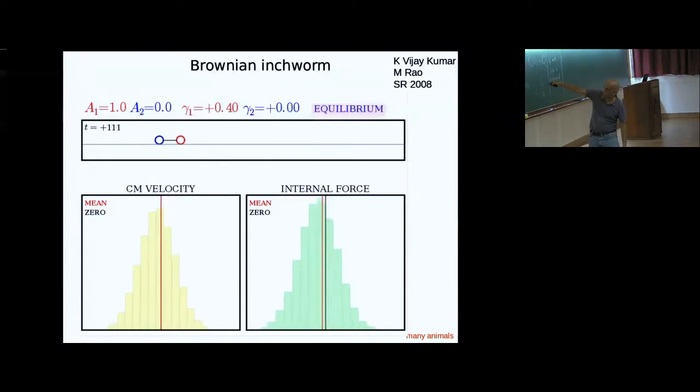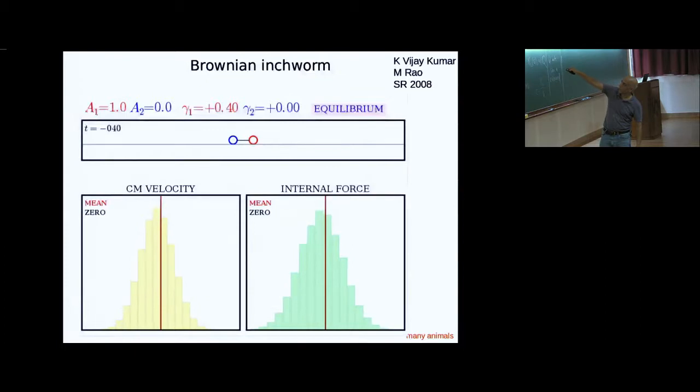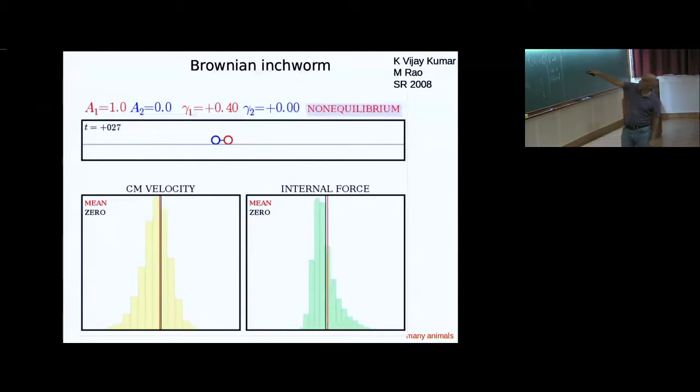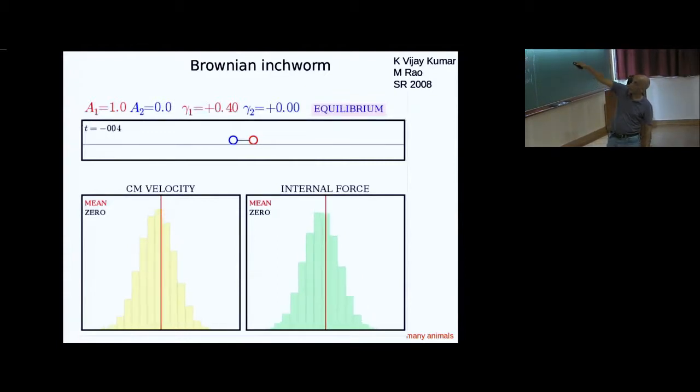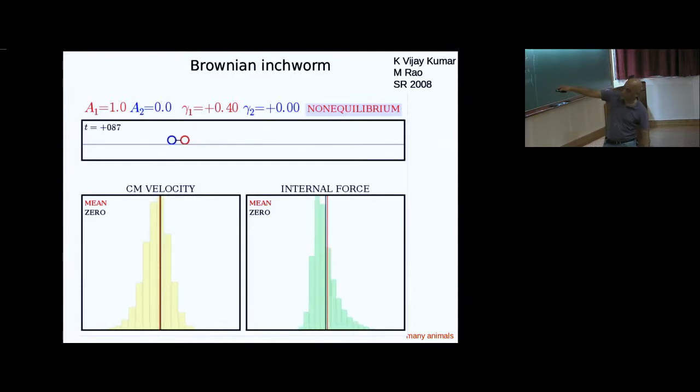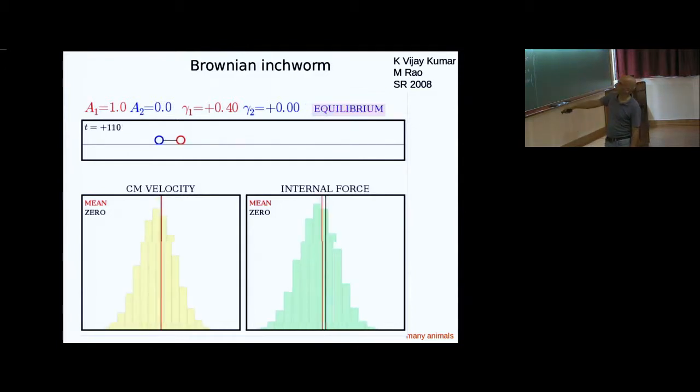If you look at the center of mass velocity, at equilibrium, the velocity distribution is nicely Gaussian, and the internal force is nicely averaging to 0. You break detail balance by spoiling the relation between noise and damping. The internal force acquires a non-zero mean. The velocity distribution function gets peaked, gets shifted over that way. And then you can also reverse the asymmetry and have a lot of fun.